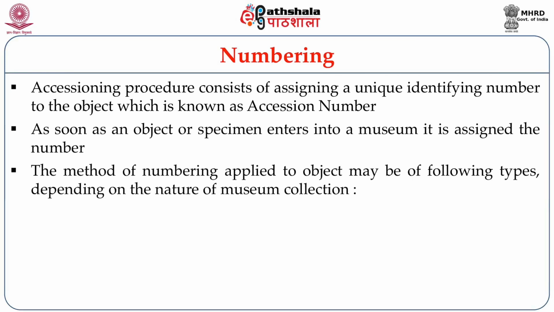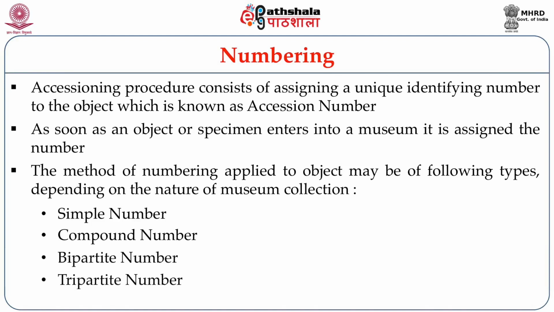The method of numbering applied to objects may be of the following types, depending on the nature of the museum collection: number 1, simple number, and number 2, compound number. Again, the compound number may be divided into two types, bipartite number and tripartite number.